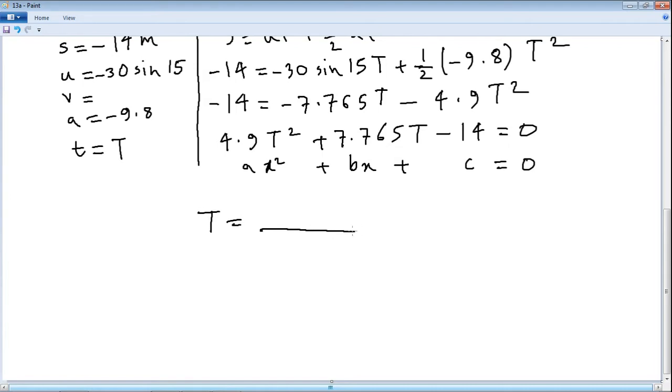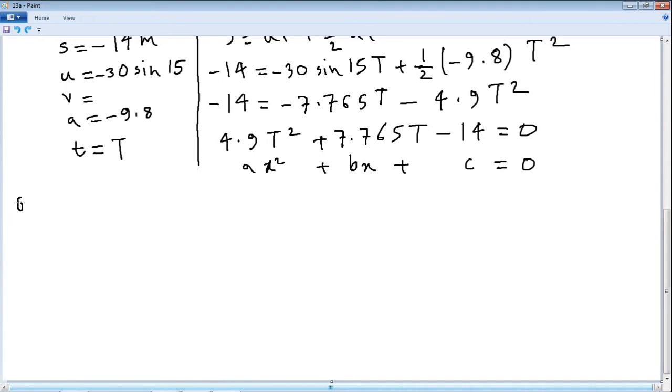T is equals to, we all know the general formula, minus b plus minus root over, well, let me write the general formula for you.